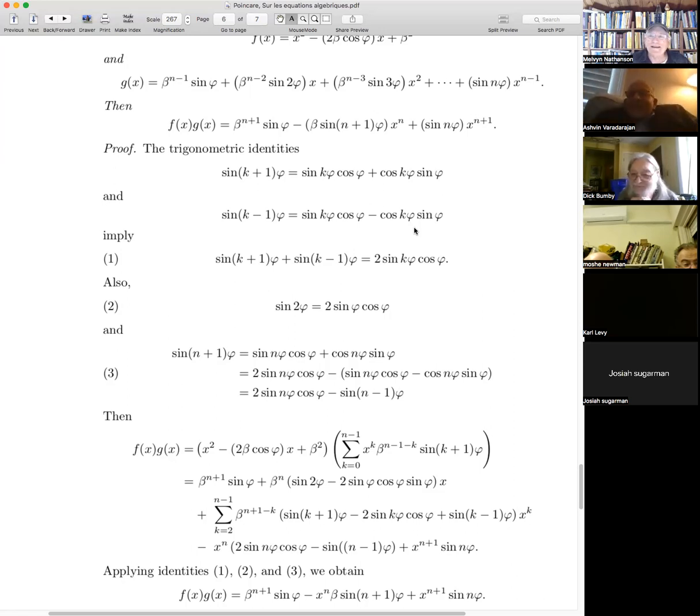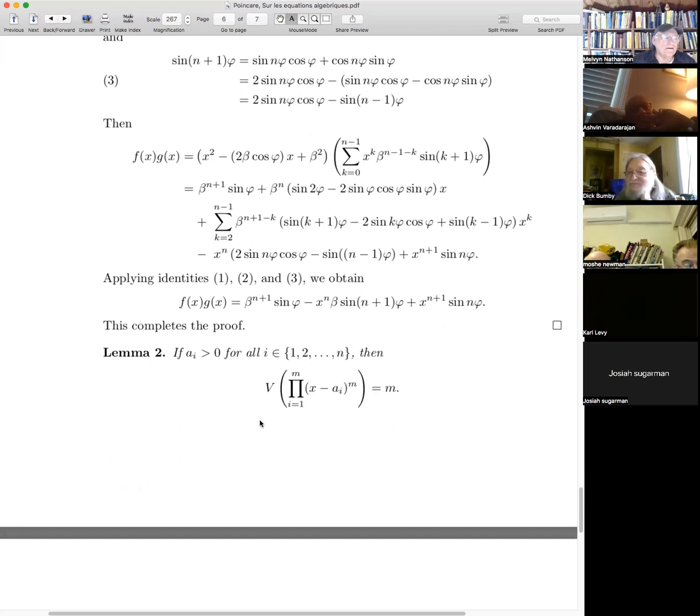And I have to say, that's true, because Poincare doesn't prove this. He just states this as a fact. You know, it's just poor schmuck like me who has to go and figure out why this is true. But obviously, Poincare knew his high school trig identities, and he just didn't bother to write this down. But this is, in fact, right here, the key identity that he uses.